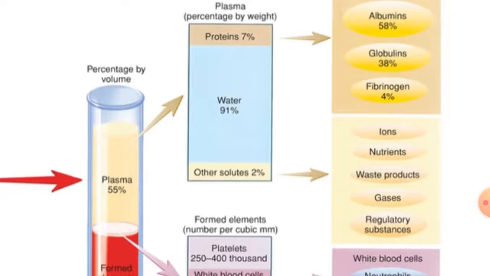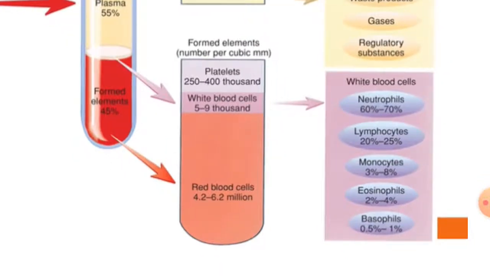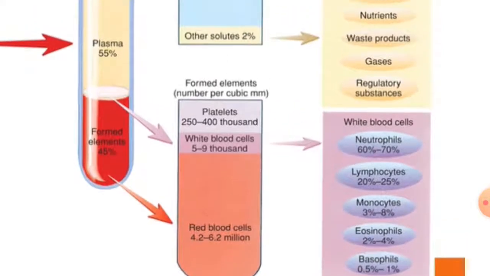The other constituents are the cells, and as we know we have different types of cells. The main cell is the red blood cell or erythrocyte, and it plays an important role in the transport of oxygen and carbon dioxide. The other cells are the white blood cells, and as you know we have granulocytes and agranulocytes. The granulocytes include neutrophil, eosinophil, and basophil.